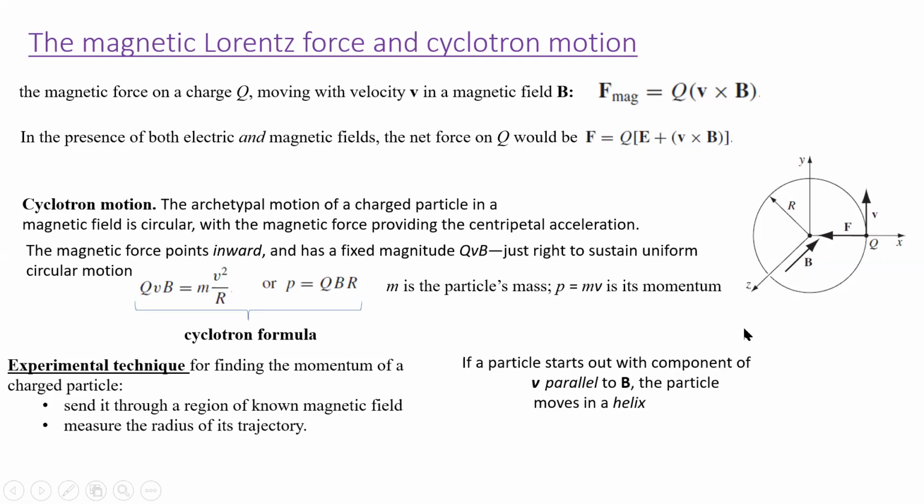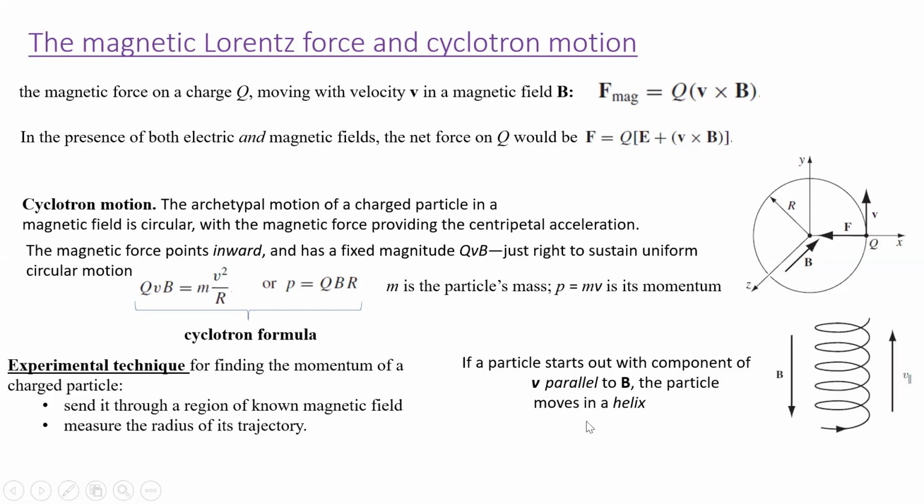If there's a component of the velocity parallel to B, then according to the cross product, that component of velocity is not affected by the magnetic force. So it will just continue on unaffected, and we get helical motion.